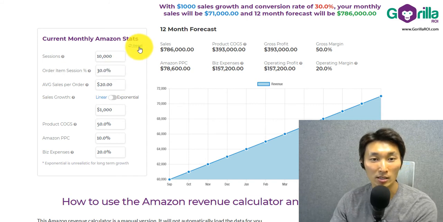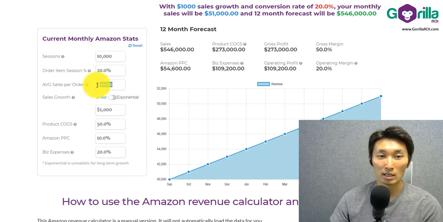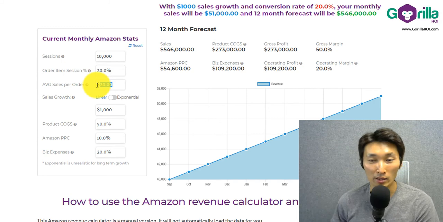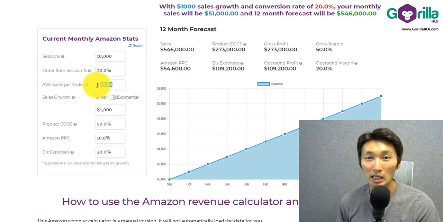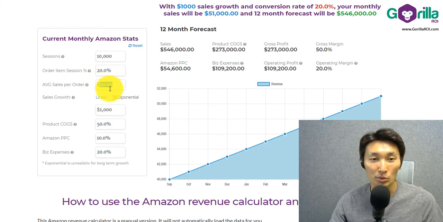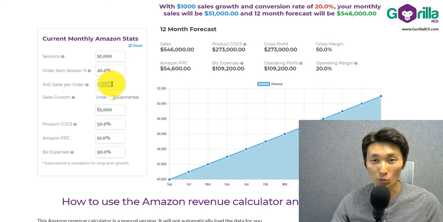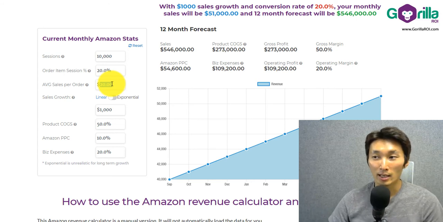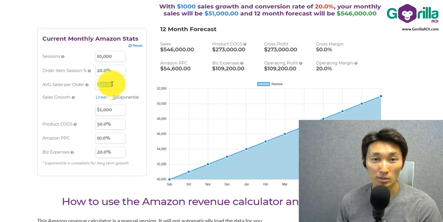And then lastly, let me reset this back. Let's say your average sales order, and I find this to be sometimes the easiest, where all you have to do is increase the price of your products. The easiest way to do that is to increase the perceived value of your product.